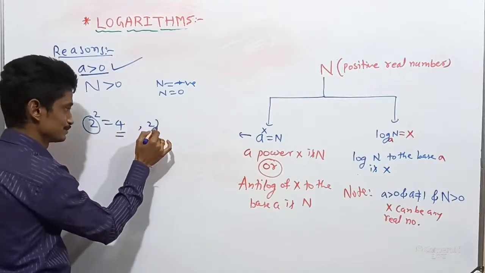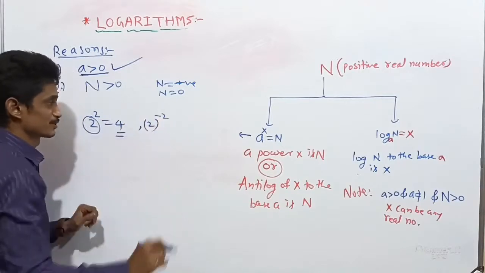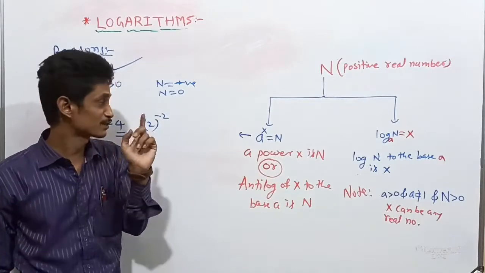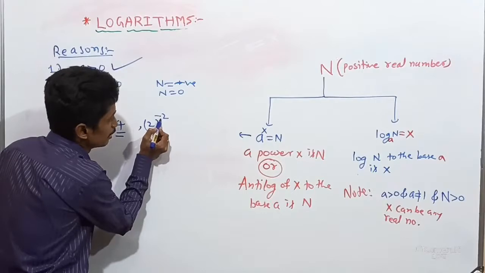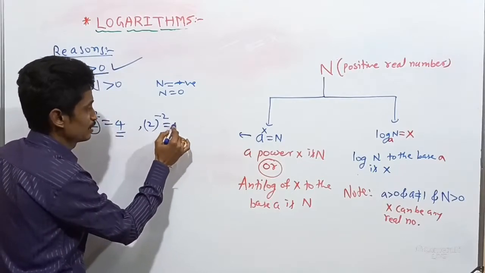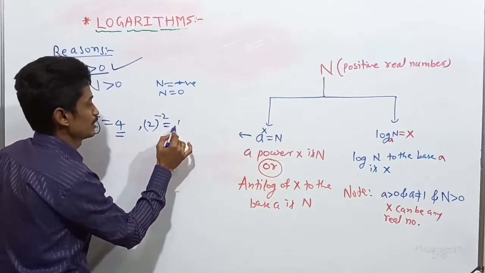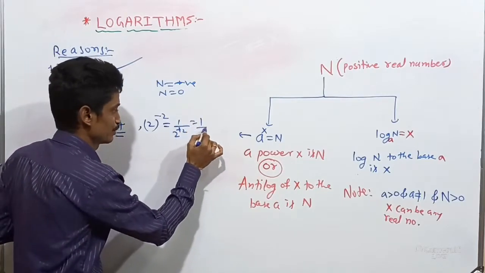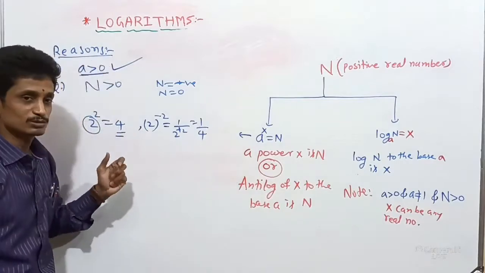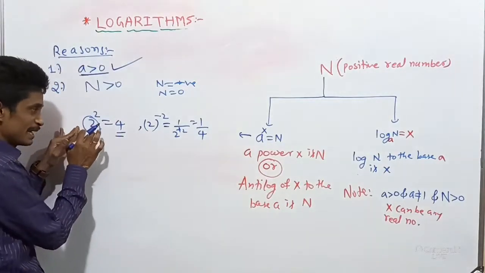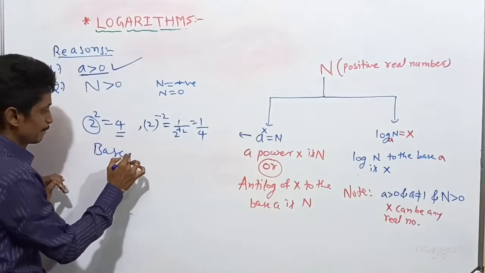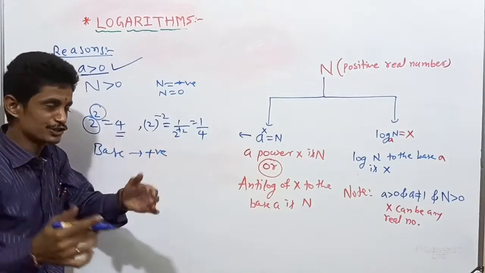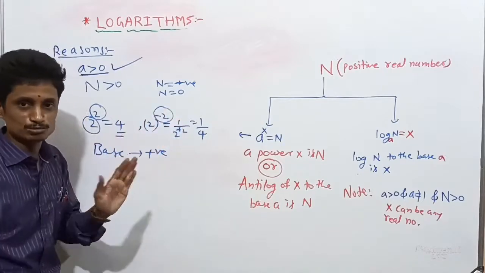Now you can see 2 power minus 2. 2 power minus 2 means the second kind of numbers I chose in index form, with exponent minus 2. What is the actual result for this? That is 1 divided by 2 power minus 2, which becomes positive, hence it is 1 divided by 4. Look, when the base is a positive quantity, the power can be either positive or negative.